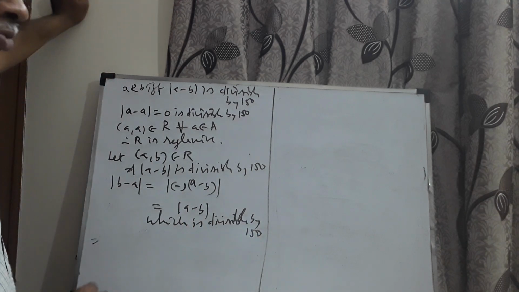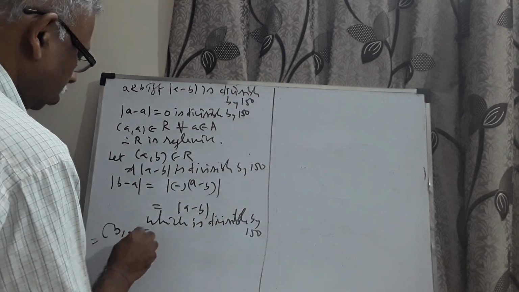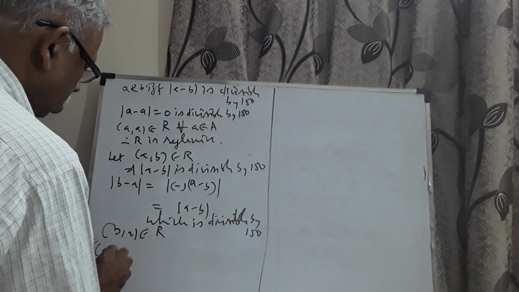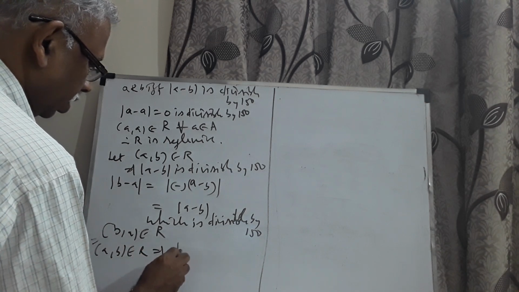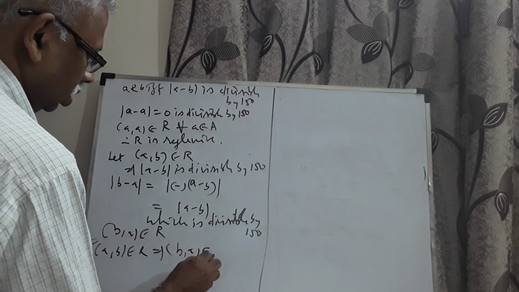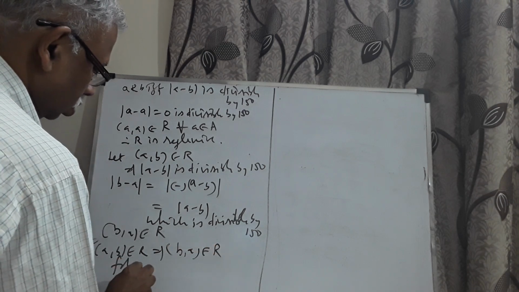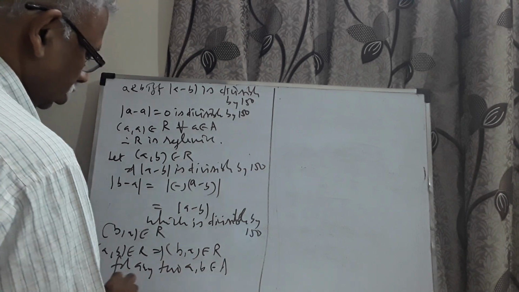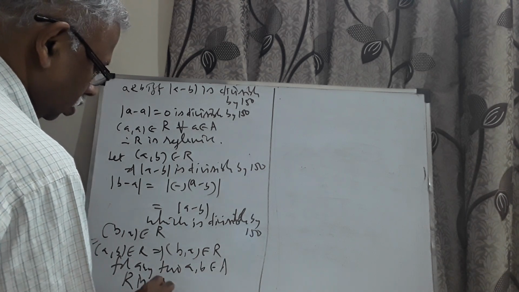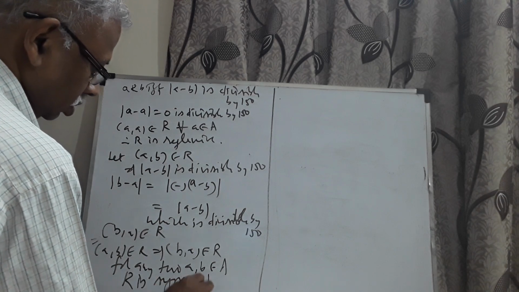Mod b minus a is the same as mod a minus b. Therefore, (b, a) is an element of R. So (a, b) in R implies (b, a) in R for any two a, b in A. Therefore, this is the real meaning of R being symmetric.